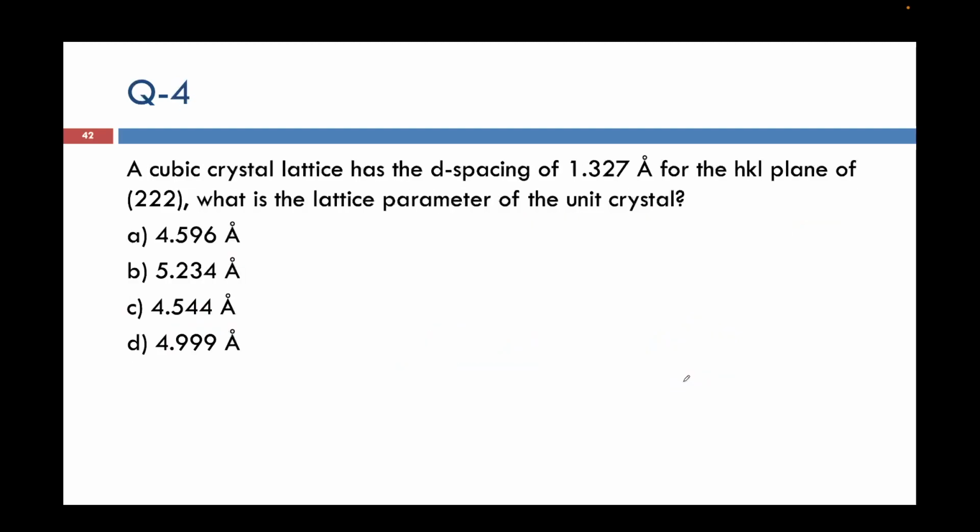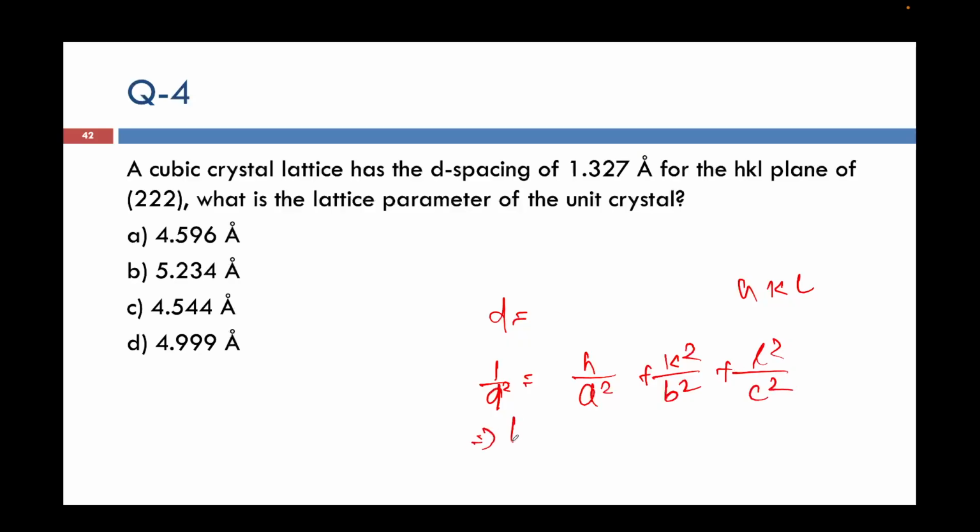Okay, your cubic crystal lattice has a d spacing of 1.327 angstrom for the HKL plane of 222. What is the lattice parameter? For a cubic crystal, the formula is 1 by d square is equal to h square by a square plus k square by b square plus l square by c square.